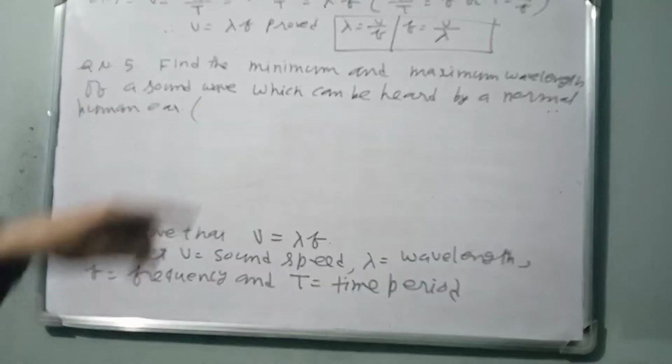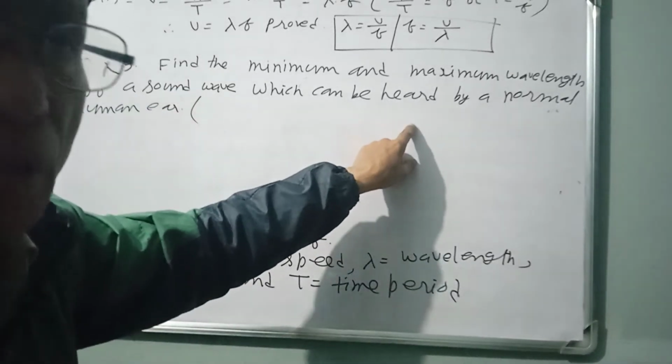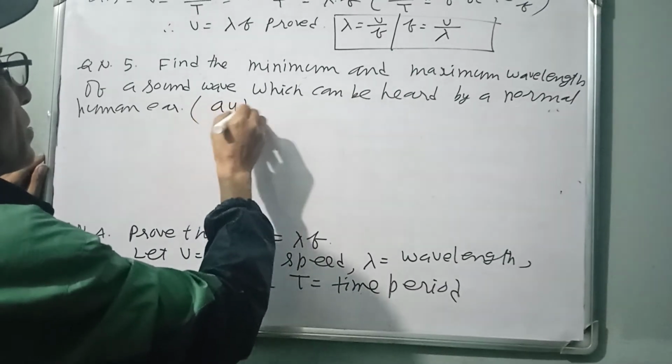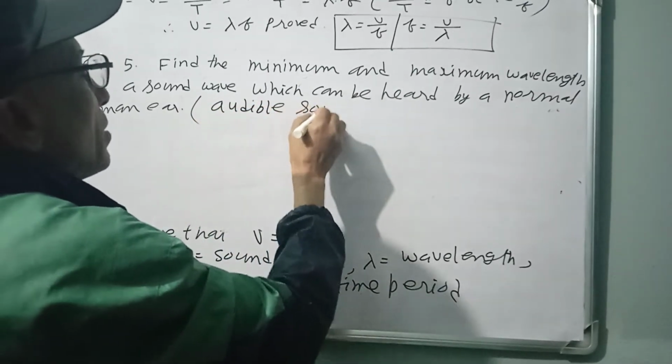What is this sound called? The sound which can be heard by human beings is called audible sound. Yes, audible sound.